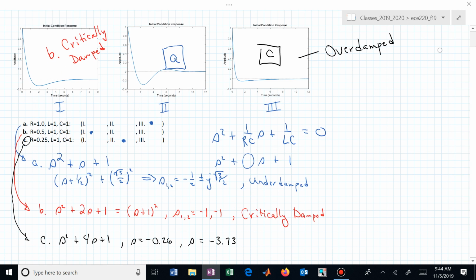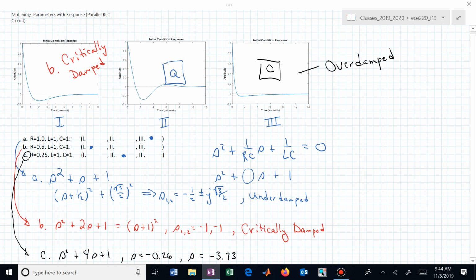Now, as you are thinking about these different types of behaviors for the same circuit, it just depends on the parameters that you've now connected them with. You could have underdamped, overdamped, or critically damped.